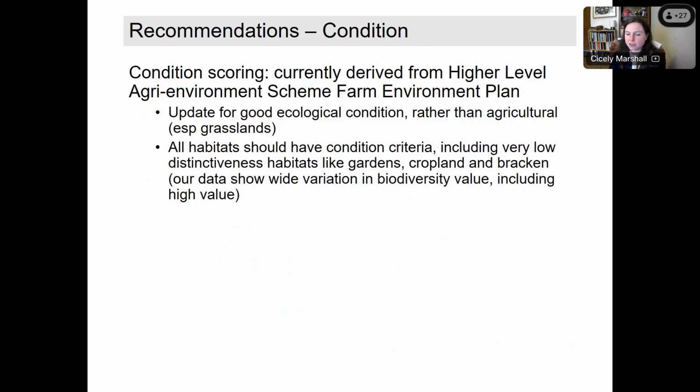For example, undesirable species like creeping thistle and stinging nettle are penalised, but they are nectar-rich species and support several critically endangered native insects. So they could be revised for the next iteration based on user experience with the metric.